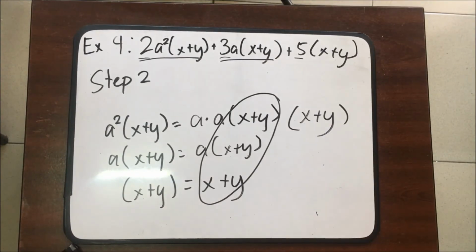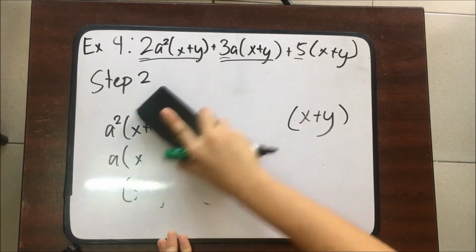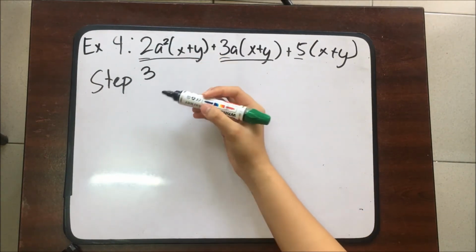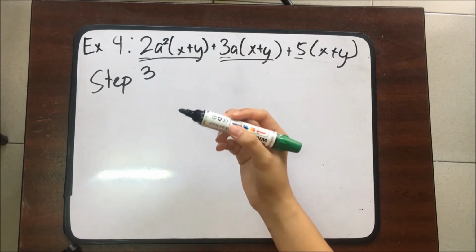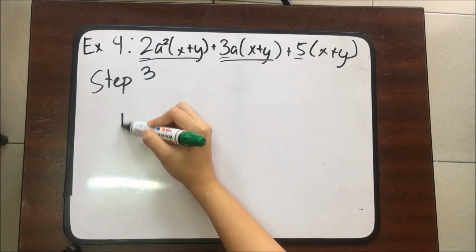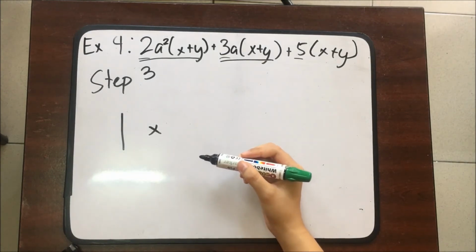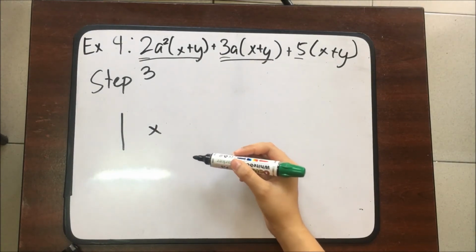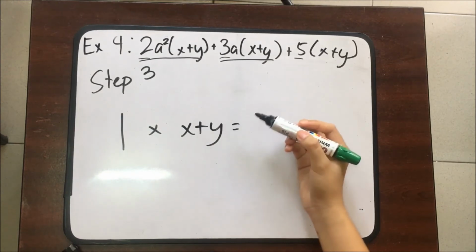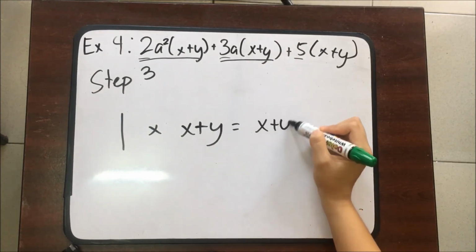So the quantity x plus y is the GCF of the variables. Now let's go to our next step, step number 3. Get the GCF of the whole polynomial. So we multiply the GCF of the coefficients, which is 1, to the GCF of the variables, which is x plus y. So 1 times x plus y is equal to x plus y.